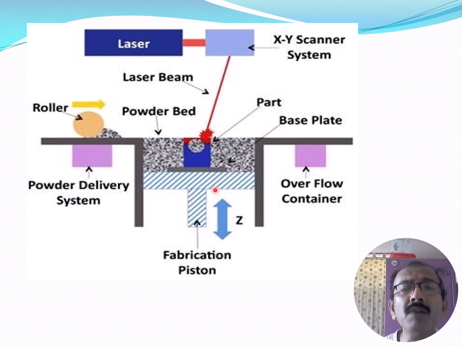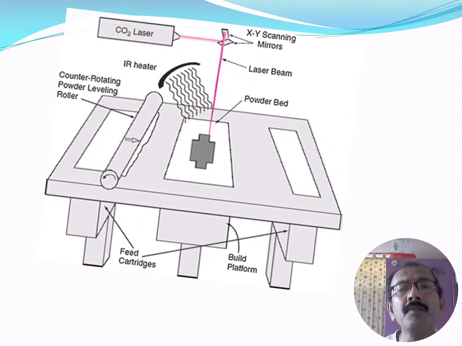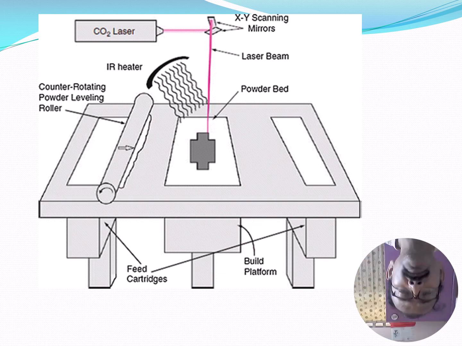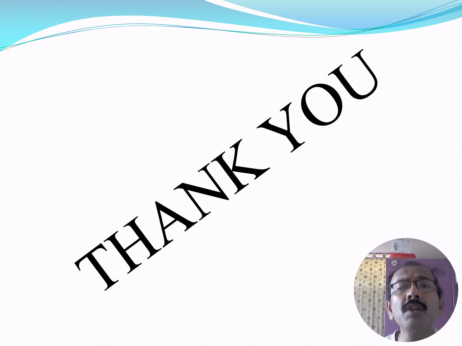The base plate then comes down, and with the help of the roller another powder material is deposited on it, fused, and attached to the previous layer. In this way the entire product will be produced. This is the entire picture. Thank you very much.